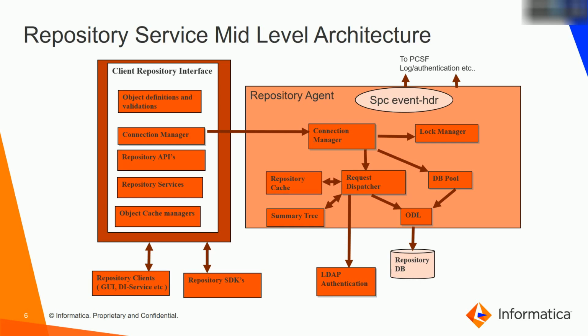Same reasons. At the server side also, this is used for speeding up the client's metadata object browsing. Repository server's object tree is guaranteed to be the latest at all times. This particular summary tree is cached in memory for faster execution.